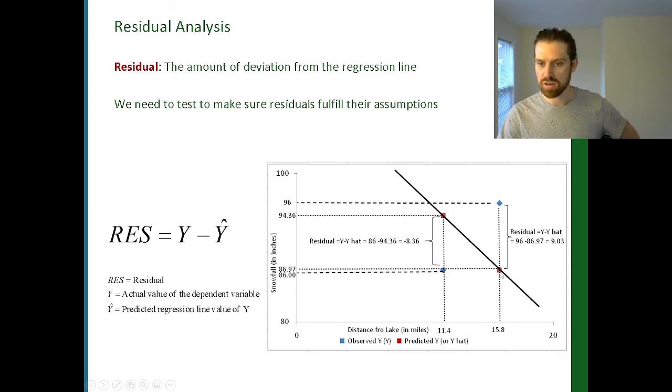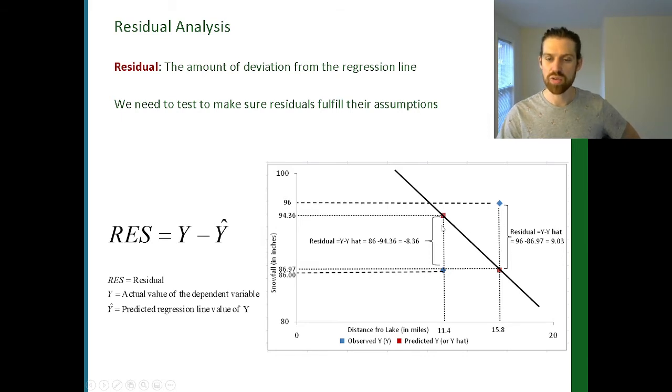If you look at this red point, this is where we think it is, and it's 86.97. The residual is the difference between that 86.97 and 96 up here, so we end up with 9.03. So this is how we get this residual that's positive.